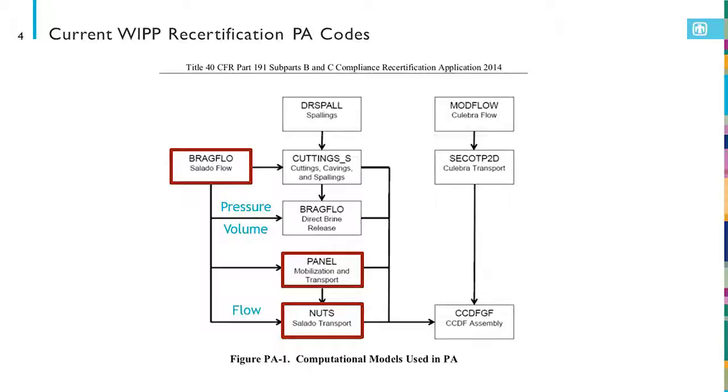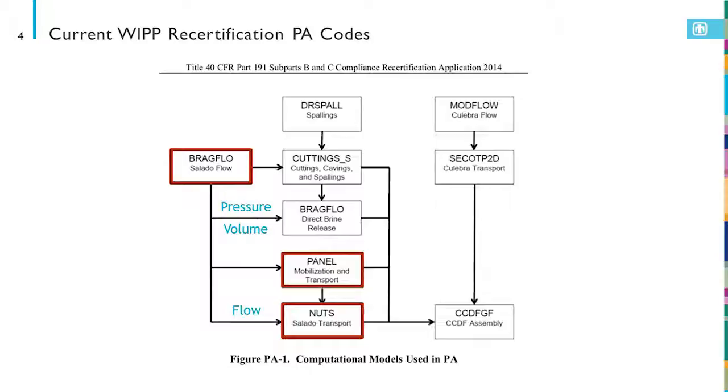Output from BRAGFLO, pressures, volumes, and the flow field itself is passed downstream to other PA codes. So some of those, like those up here not outlined in red, just calculate direct releases at the time of borehole intrusion to the surface. And then these outlined in red, PANEL and NUTS, are radionuclide mobilization and transport codes.